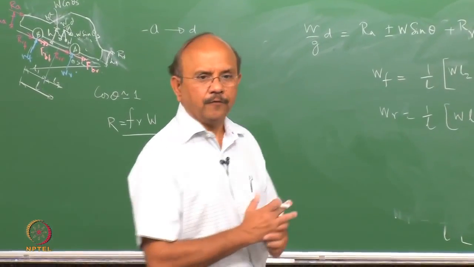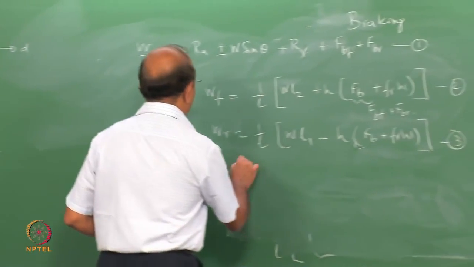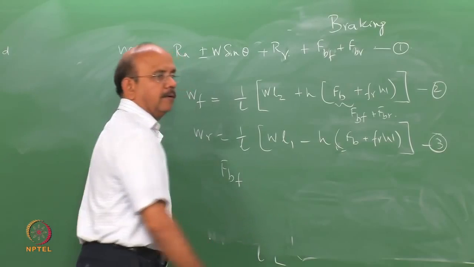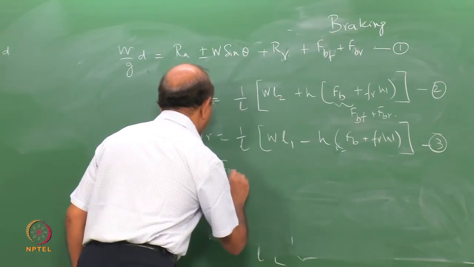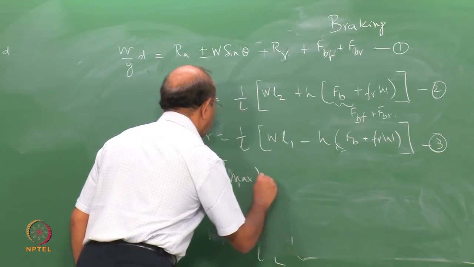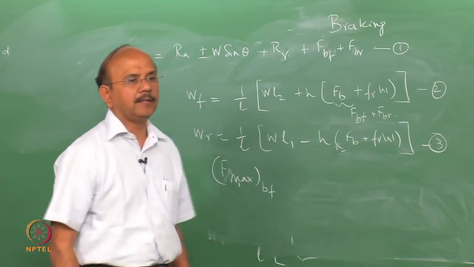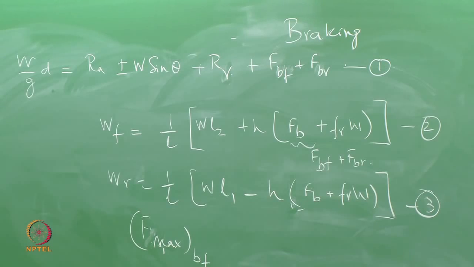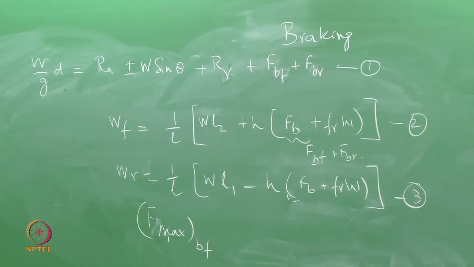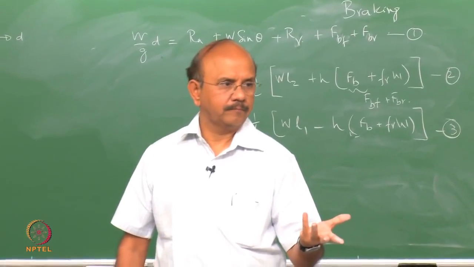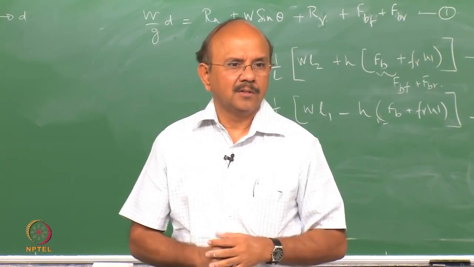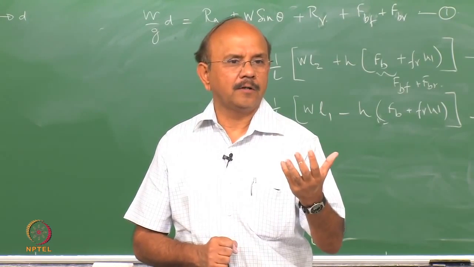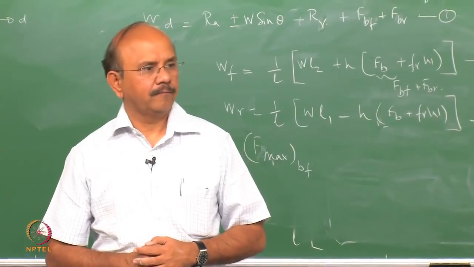The maximum braking force, which I would call FB front max, and the maximum braking force at the rear are similarly controlled by mu, because it is that quantity called friction which gives the ability for the braking force to be developed.